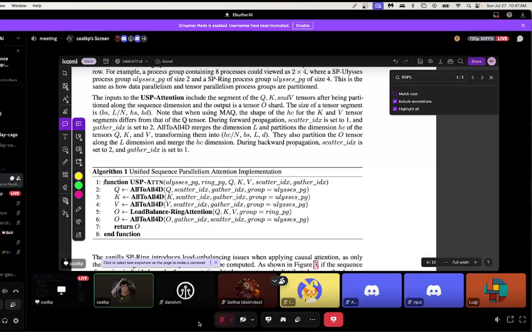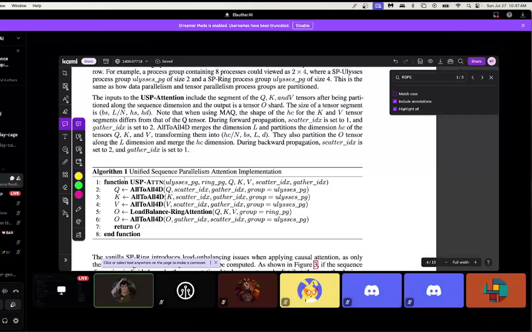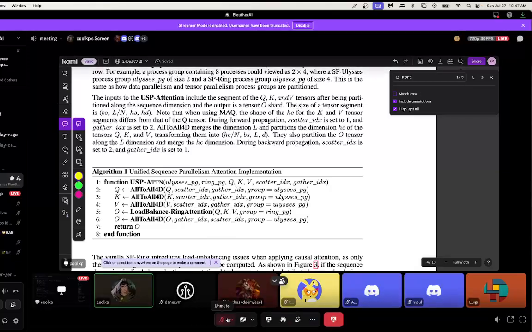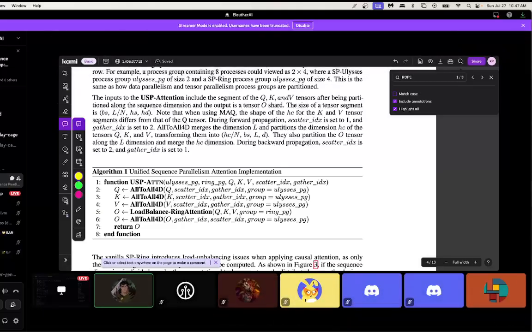So how this works is that when you enter this USP attention function, we assume that the inputs are QKV projections and they are sharded on sequence at this point. They enter with their sequence dimension sharded on the total number of devices, let's say n, the sequence parallelism degree.